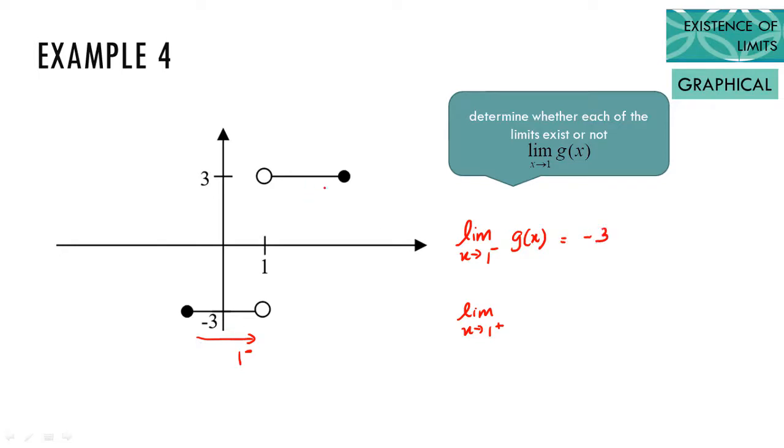The right side function is at the top with a constant value y equal to 3. Based on the test of existence of limit, it does not fulfill the condition. Therefore, we can say that the limit as x approaches 1 for the function g(x) does not exist.